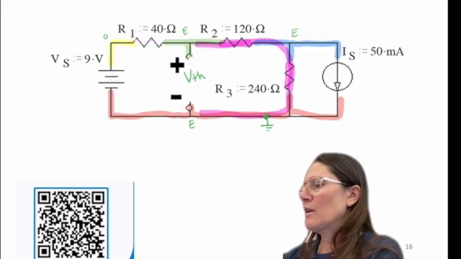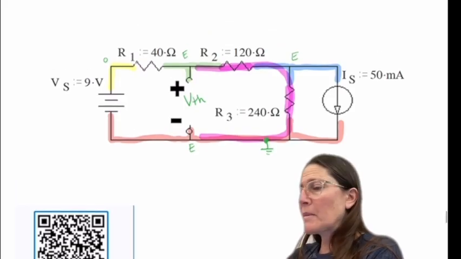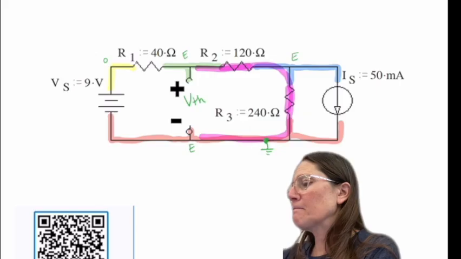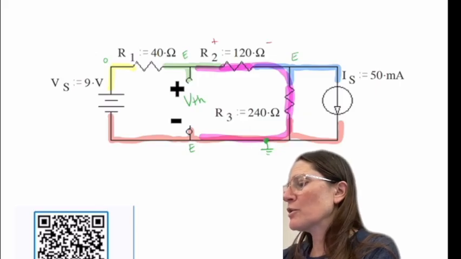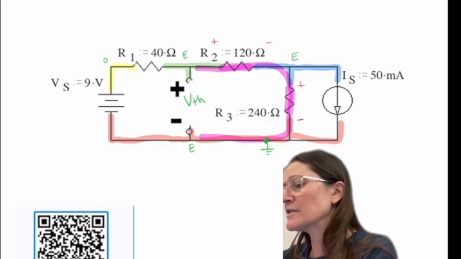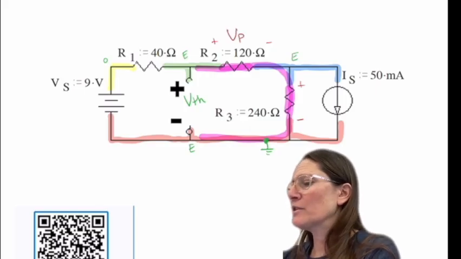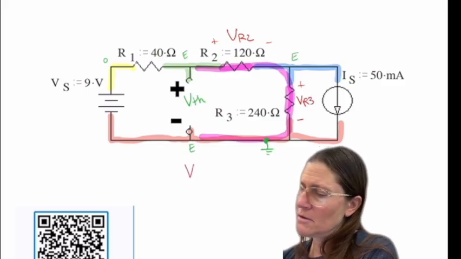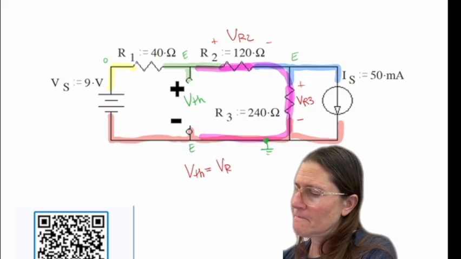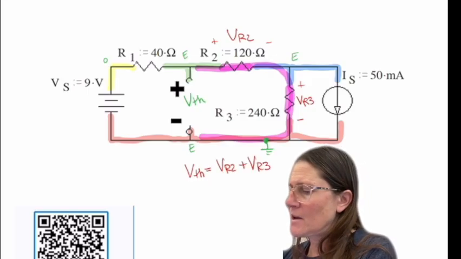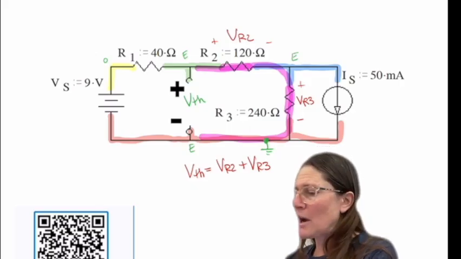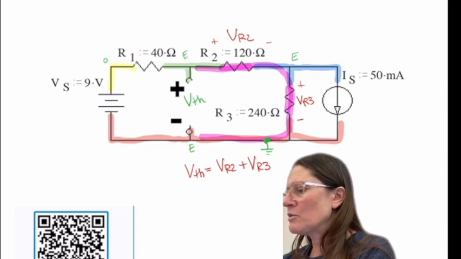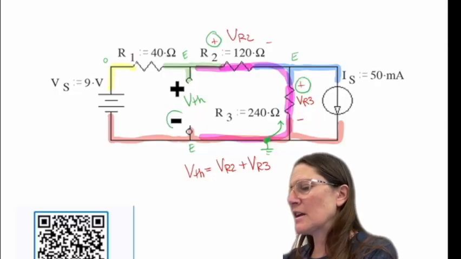In order to do this, I'm going to need to know the voltage across this one and the voltage across this one, so I'll call them VR2 and VR3. From ground, I'm going to go in this direction, plus, plus, and then a minus.